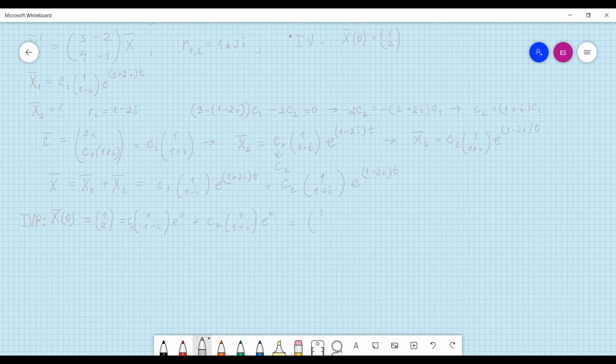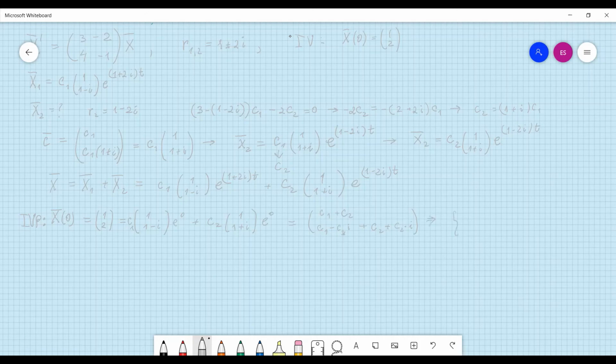So I have C1 times 1 and C2, that gives C1 plus C2. And for the bottom, I have C1 multiplied by (1 minus i), and the second one is going to give me C2 multiplied by (1 plus i). Well, there are two equations and two unknowns, C1 and C2, so I'm going to write it in standard form as two equations.